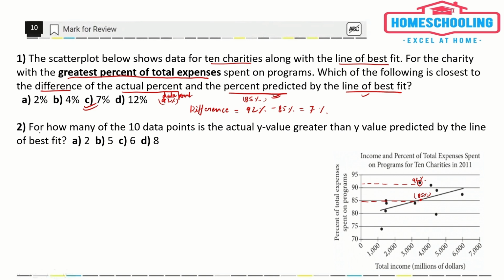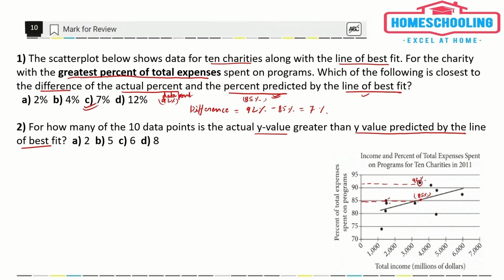In the second part of this question, for how many of the 10 data points is the actual y value greater than the y value predicted by the line of best fit? So this is our line of best fit. So any data point located above the line of best fit, where the actual value is greater than the y value predicted by the line of best fit. So we have to check how many data points are above this line of best fit.